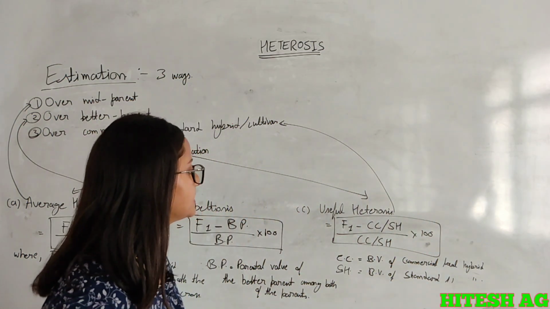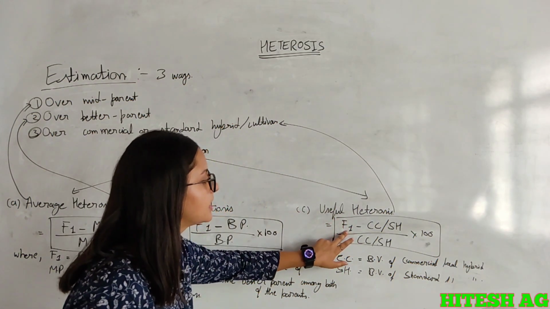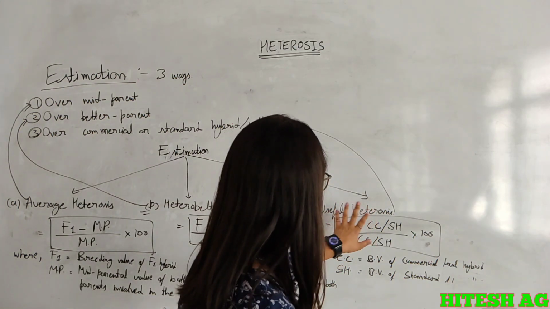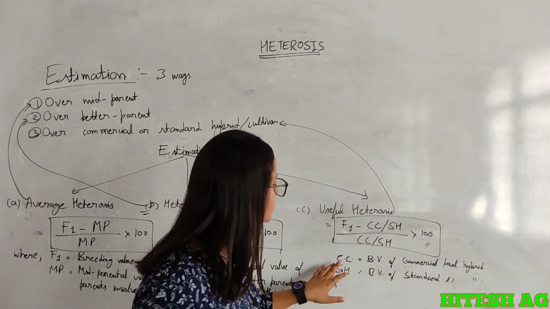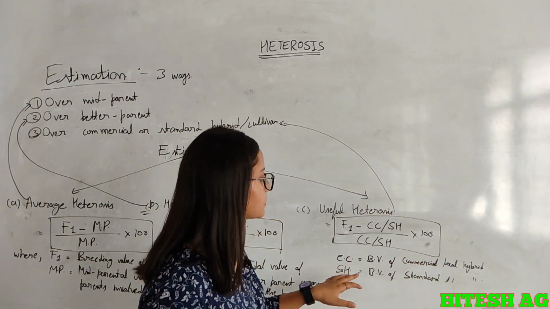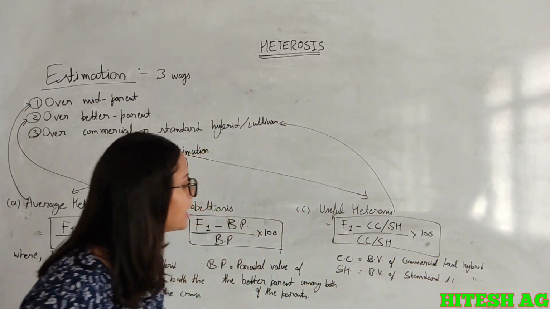So we estimate the heterosis against our local varieties, commonly called commercial or standard local hybrid.